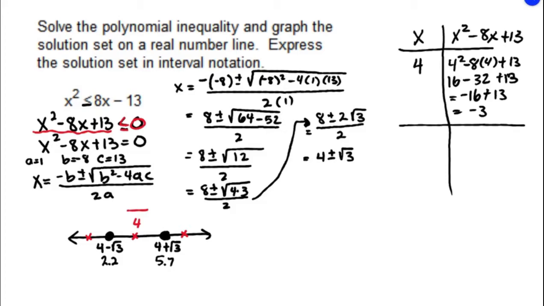Then I'll use 0 as a test point in this interval on the left. If I test 0 into x squared minus 8x plus 13, that's 0 squared minus 8 times 0 plus 13, and that works out to be 13. So my test point came out positive in that interval. And then finally, let's test, say, 6.